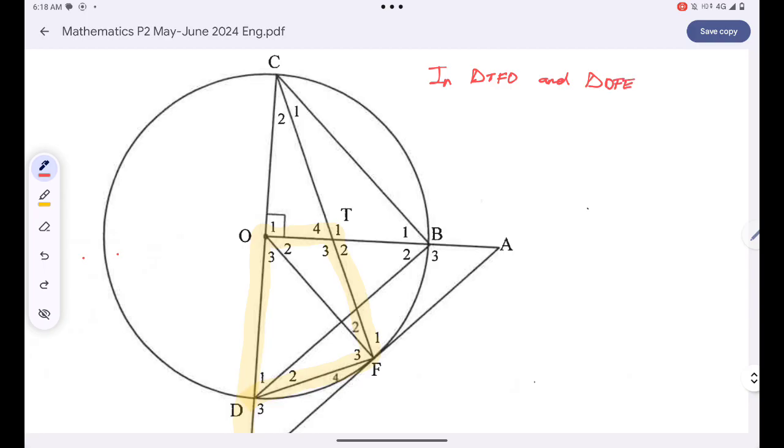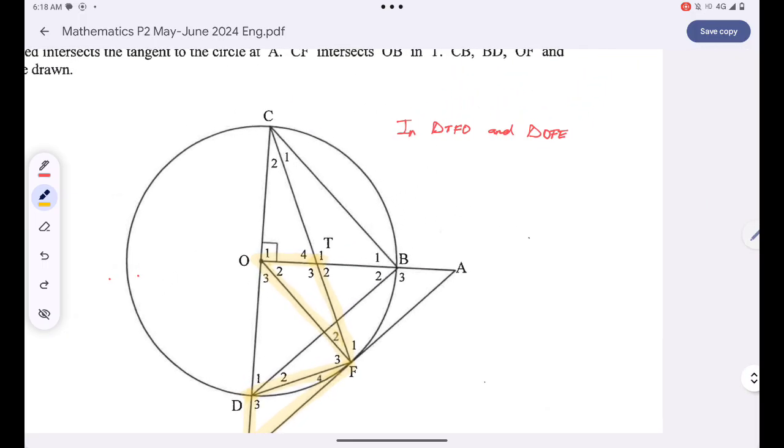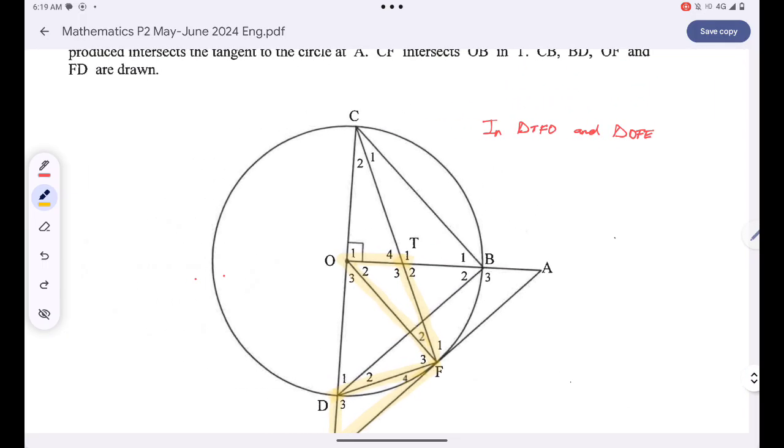Let me highlight the triangles I'm comparing. Where is TFO? There is TFO, and then DFE is over there. The two triangles I'm comparing.